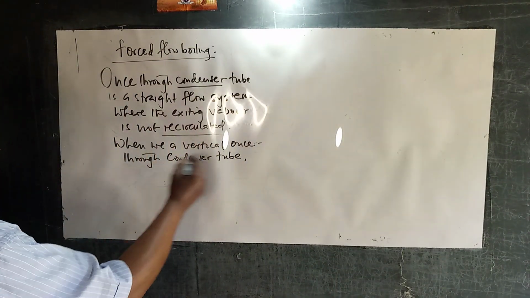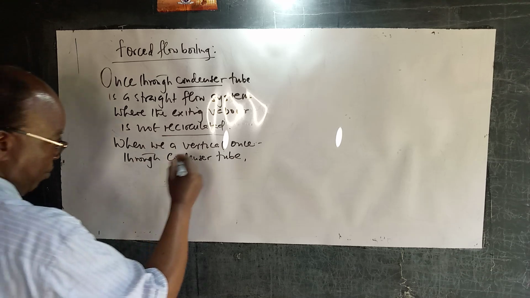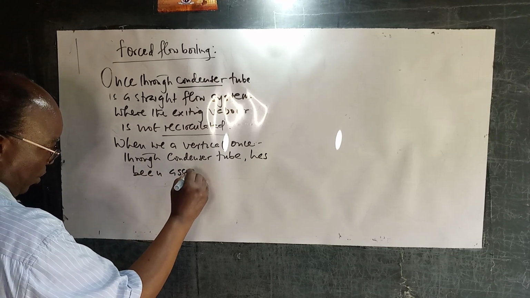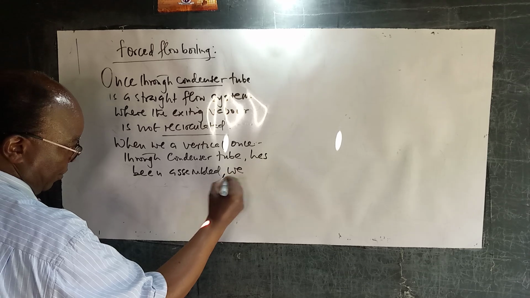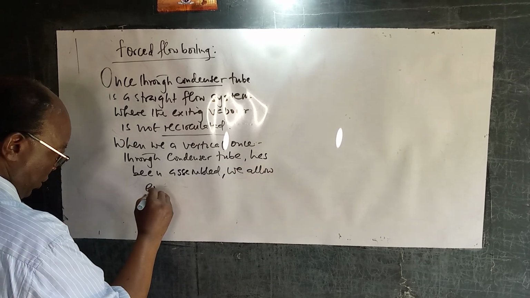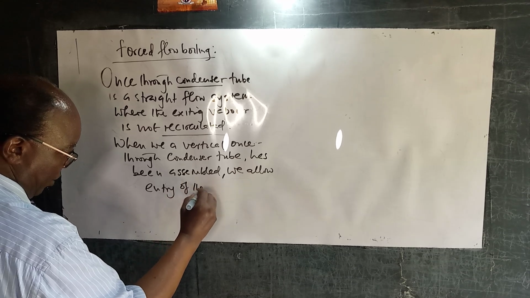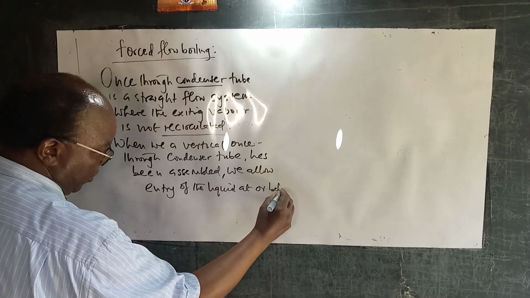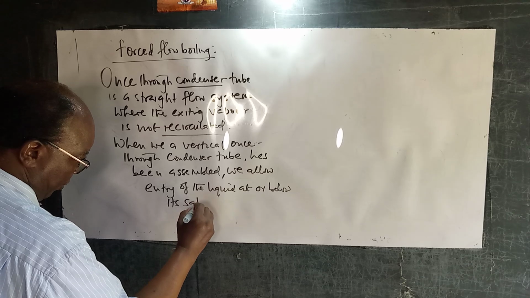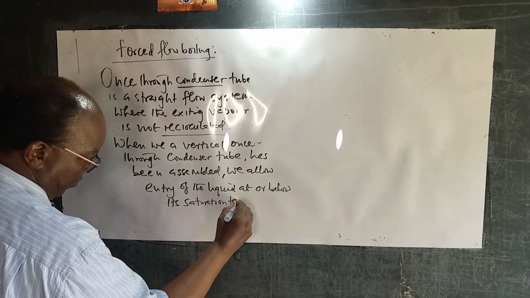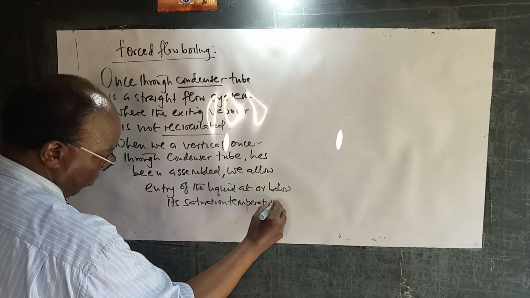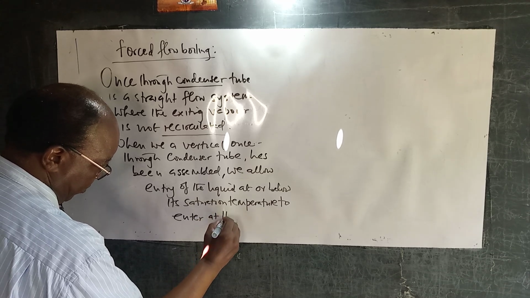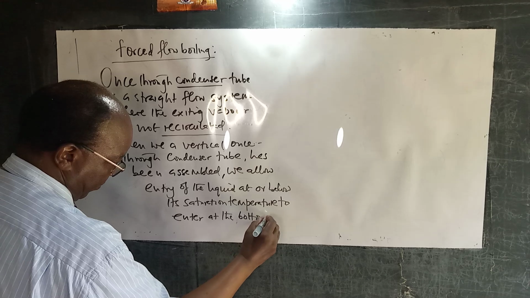So when a vertical once-through condenser tube has been assembled, we allow entry of the liquid at or below its saturation temperature to enter at the bottom of the unit.